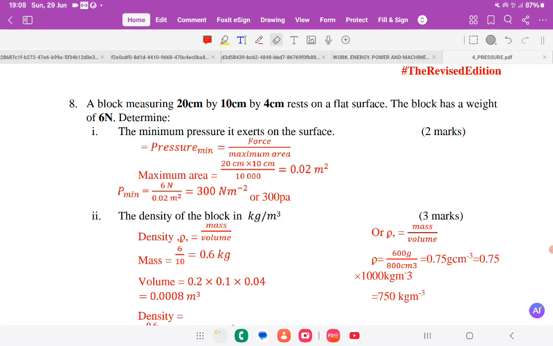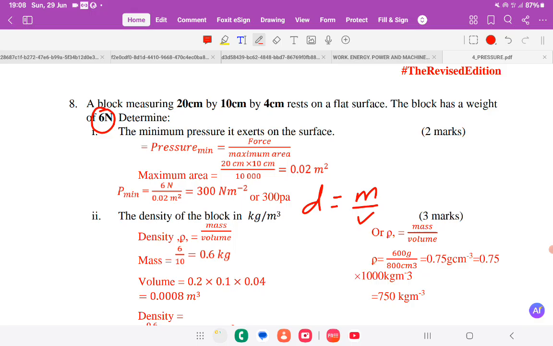So remember that density is mass divided by volume. So using density equals mass divided by volume, you can calculate density. In order to find the density, we are not given mass, we are given weight, which is in newtons.